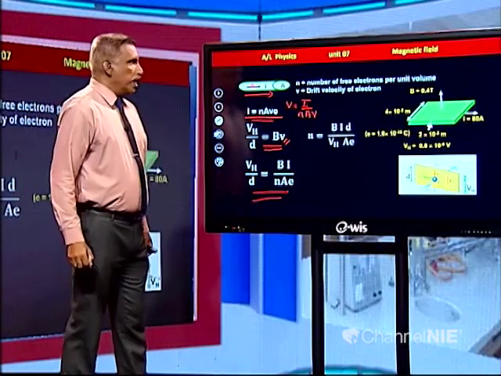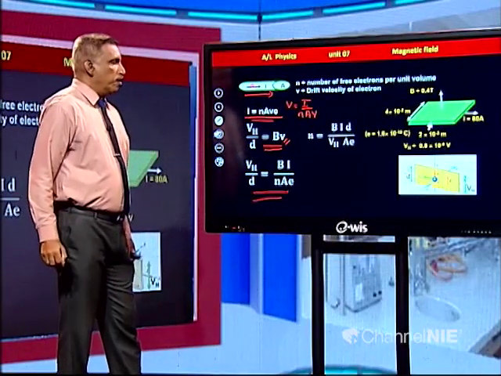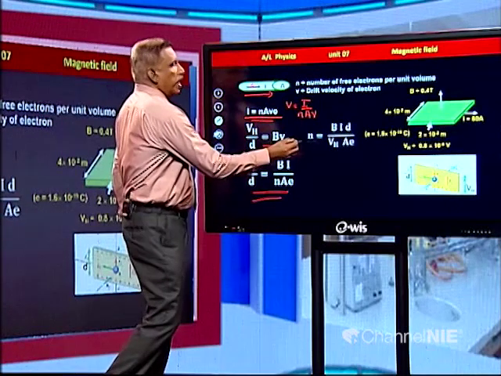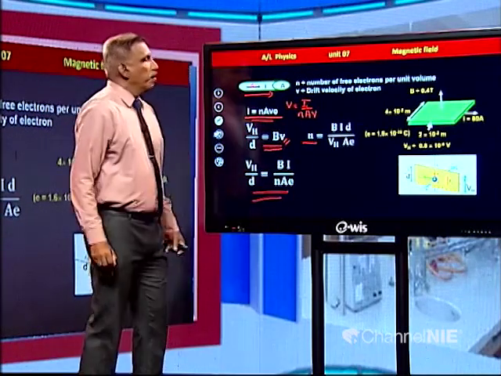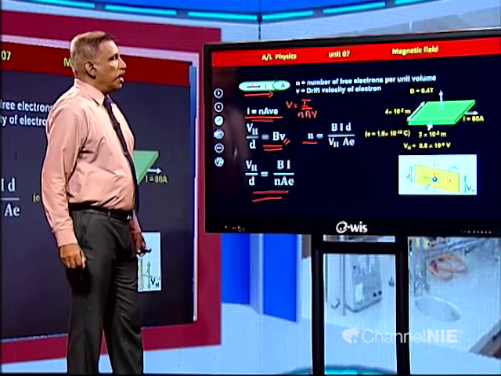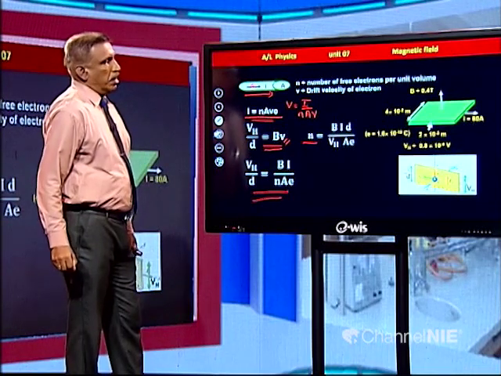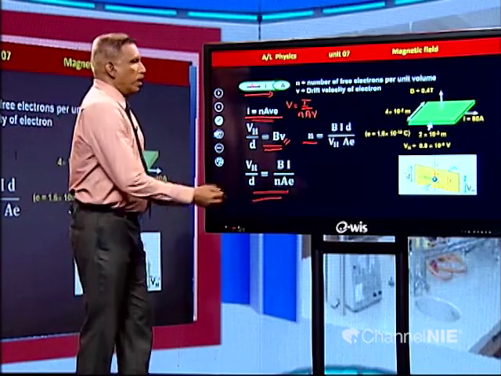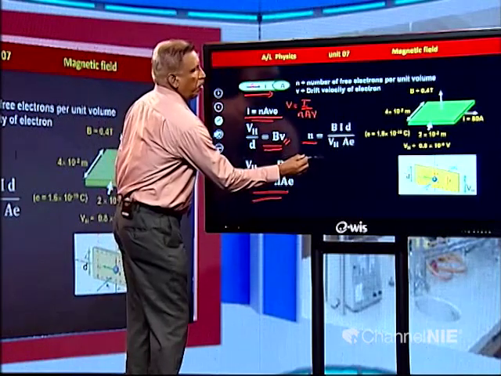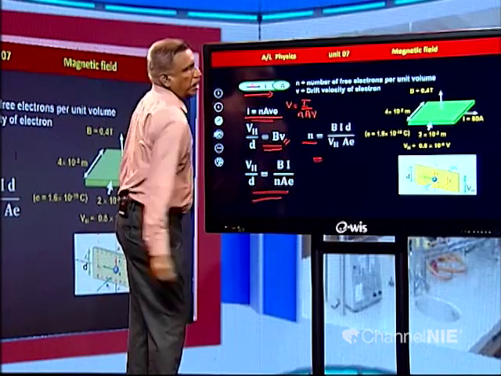Our question is to find N, the number of free electrons per unit volume. Then, solving for N, we get BID over VHAe. So, substitute the data here to find the value of N.